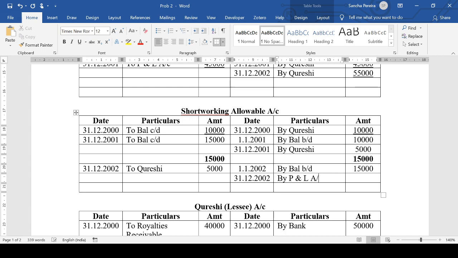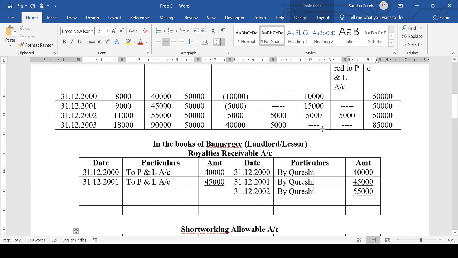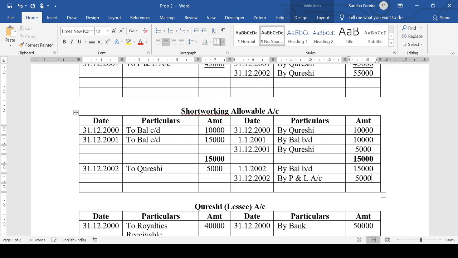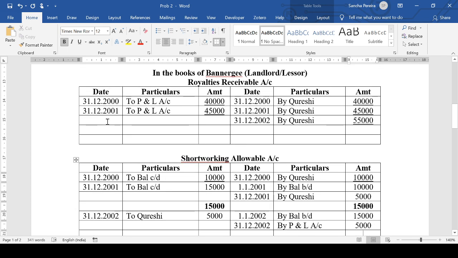So P&L, how much is the one that is transferred to P&L account? 5,000. And finally, transfer the royalties to P&L account. 31st December 2002 to P&L account, 55,000.